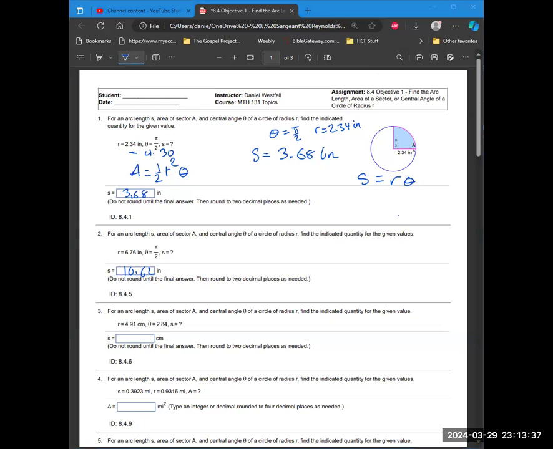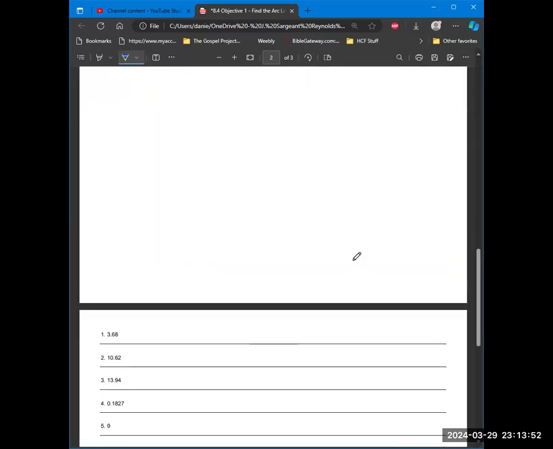Next, 4.91 times 2.84 is going to give us 13.94 for our arc length for problem 3.